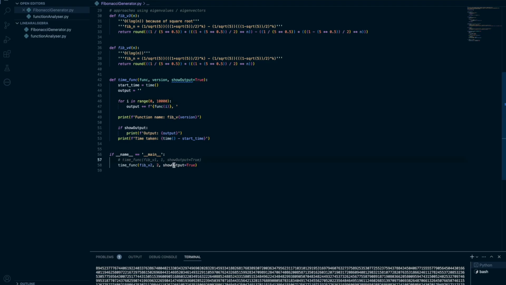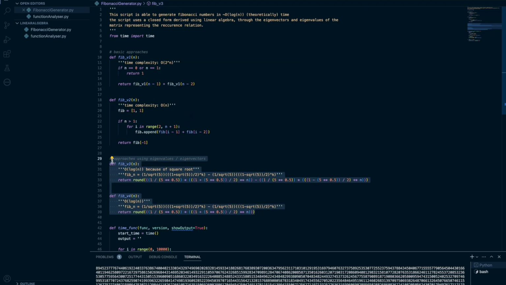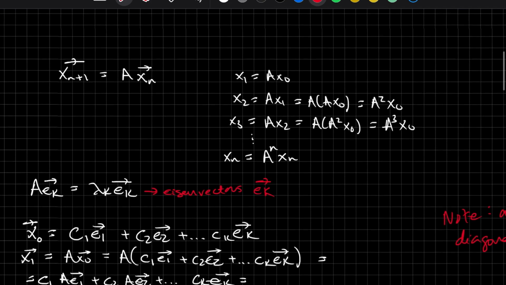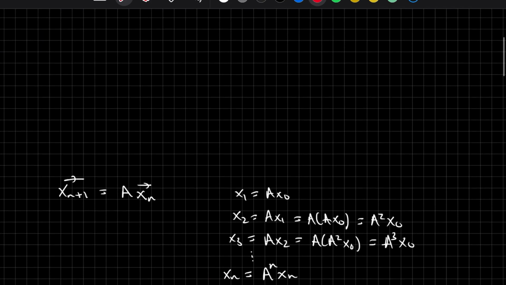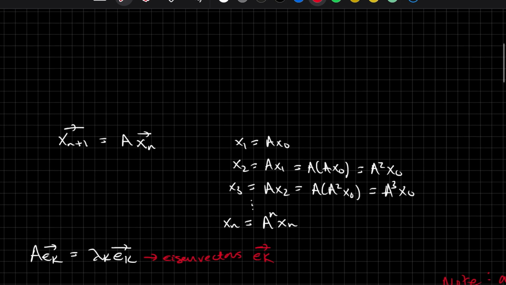So now I'm going to derive these equations here, which give us a closed form, which you're going to see gives us a much more efficient approach. Let's start with a general recurrence relation. In this relation, we're relating the (n+1)th term with the nth term.